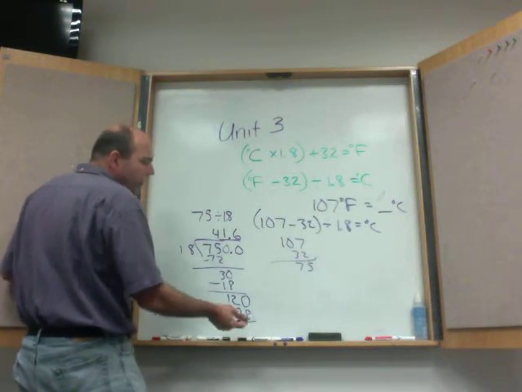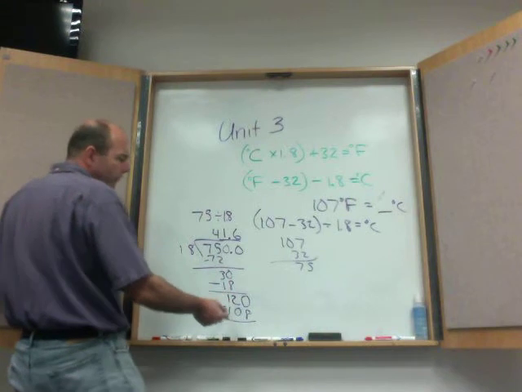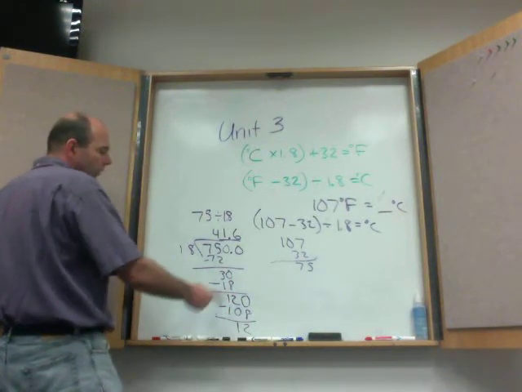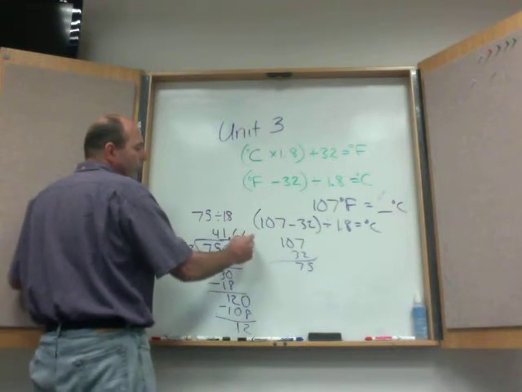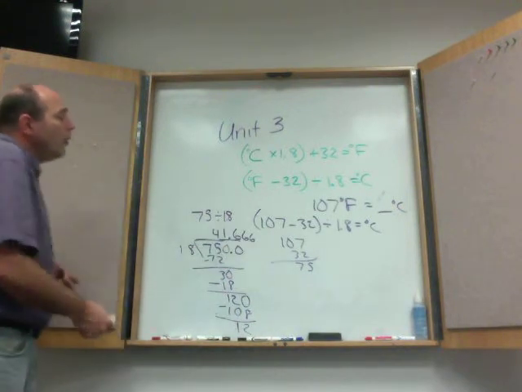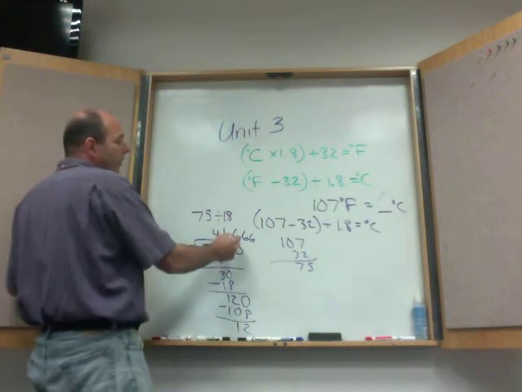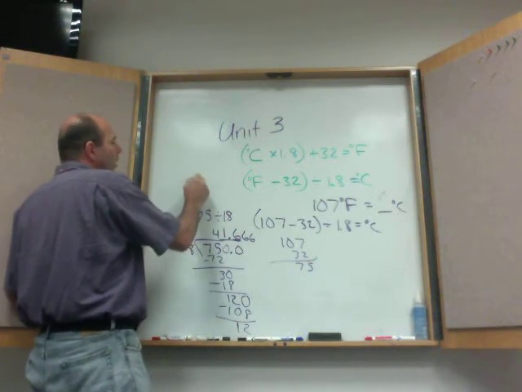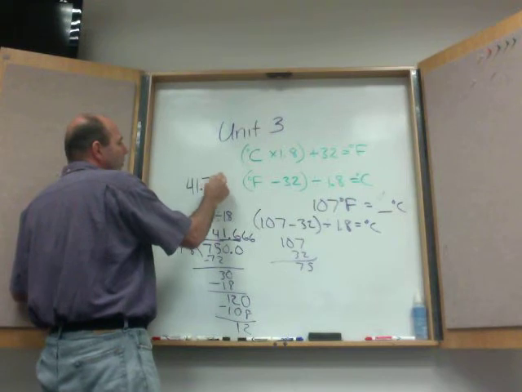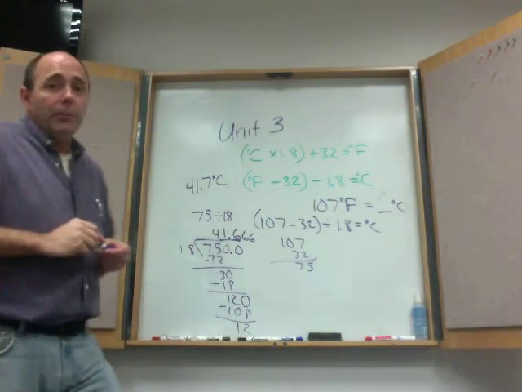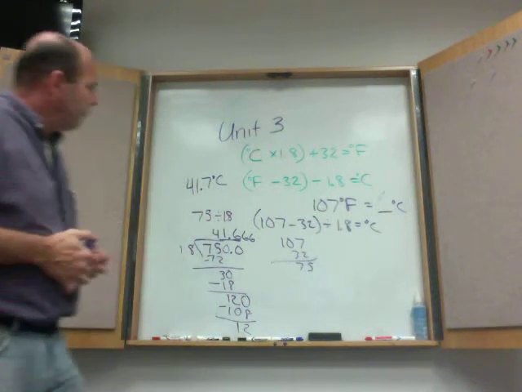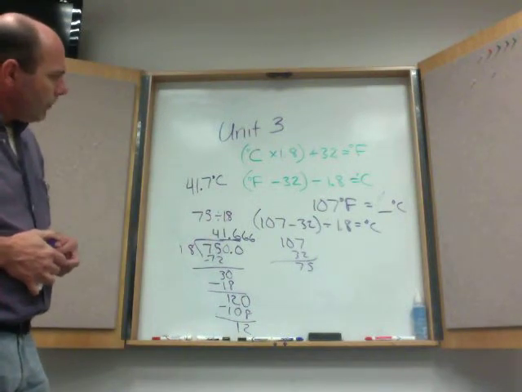At this point, I'd probably round this off. I've got a remainder of 12 down here. 12/18, yes. It's just going to keep continuing on. So I would round it to the nearest tenth and say they have a temperature of 41 7/10 degrees Celsius. At which time the doctor will probably scream to you, "We're going to send the plane and medevac them." But there you go.